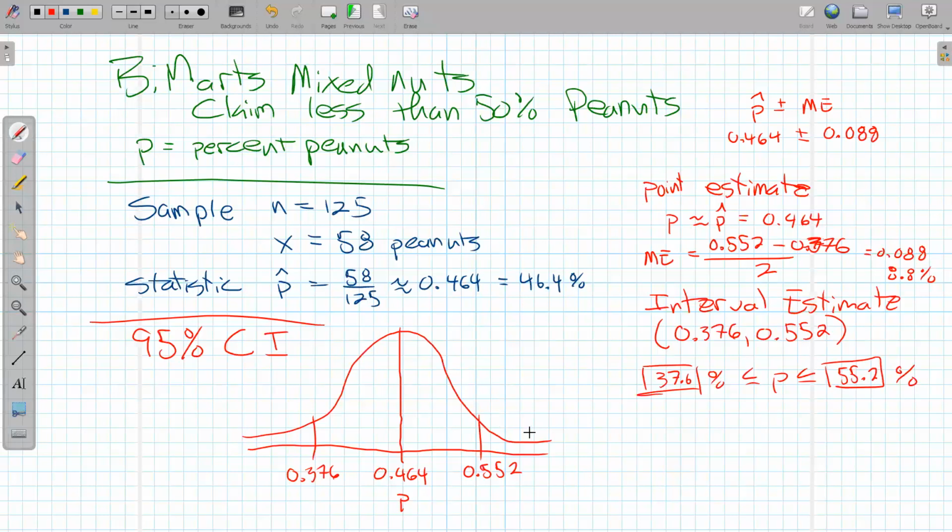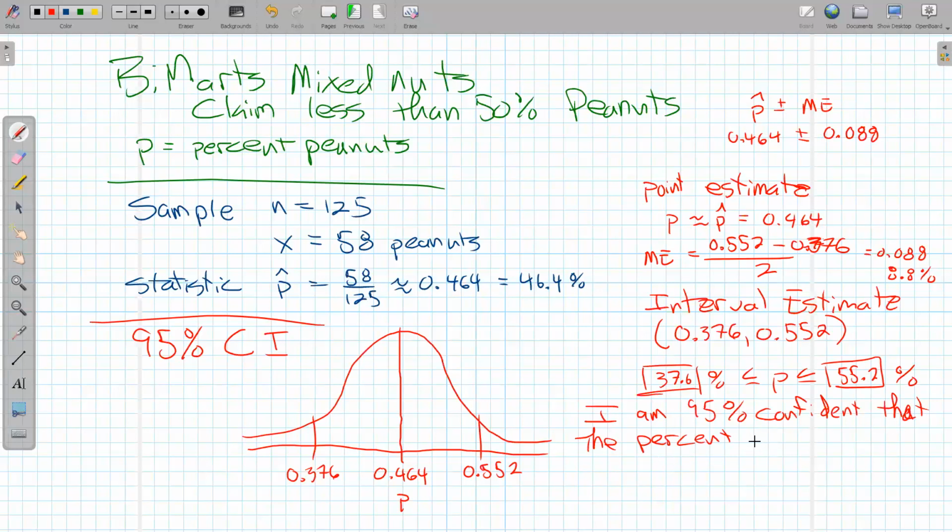All right, what does it mean? I am 95% confident, this is the interpretation, and I'm going to write percent instead of proportion. So I'm going to go over to ByMart and say, hey, check this out.